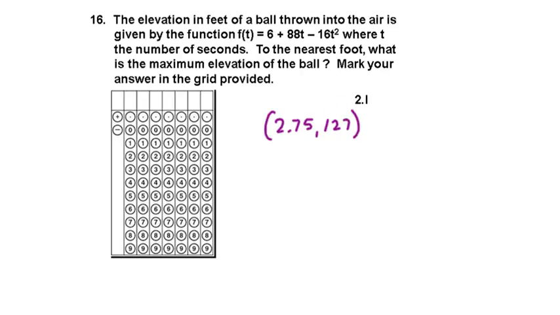No, it is not. Now, if the question asked how many seconds it takes for the ball to reach its maximum elevation, then 2.75 would be the correct answer. So I'm going to fill in 127, like everybody should have. So 1, 2, 7. There we go.